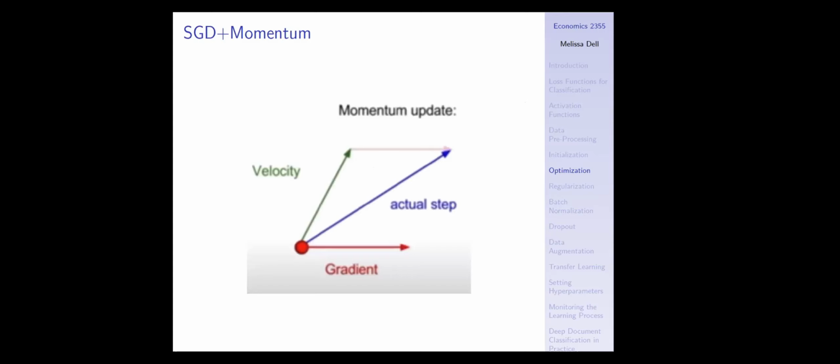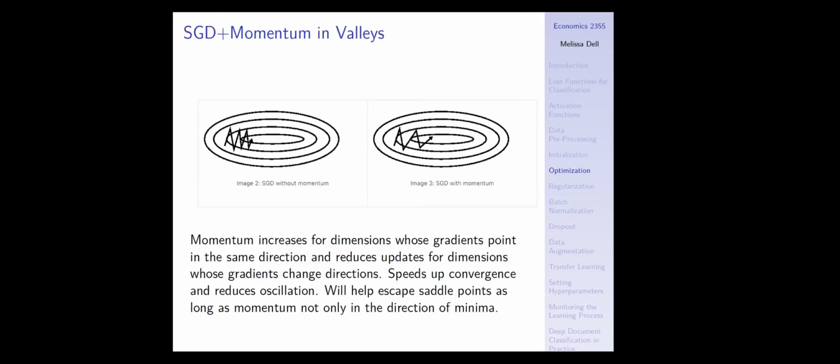It's very simple to think about this with vector addition. You have a gradient that has a direction, you have a velocity that has a direction, and you just add those two vectors to determine your actual step. We can think about how this helps us with the valleys or ravines we talked about earlier.